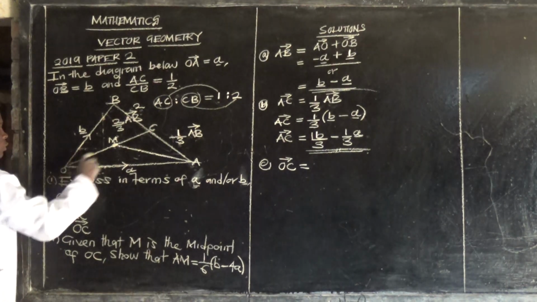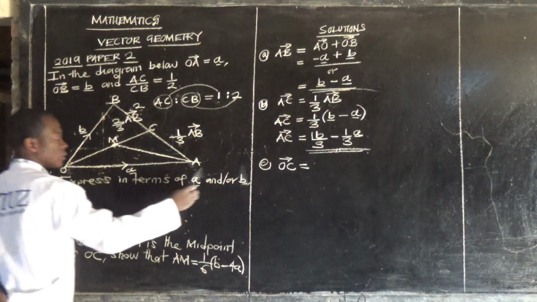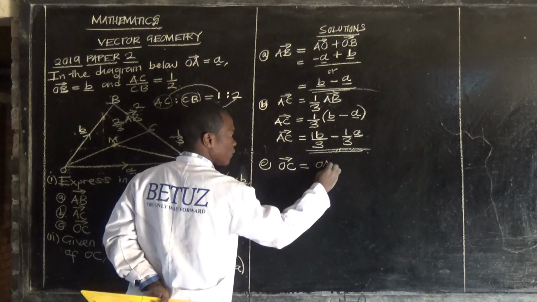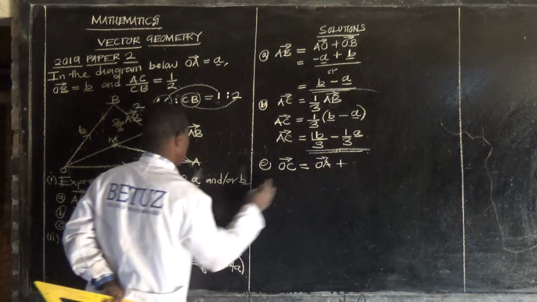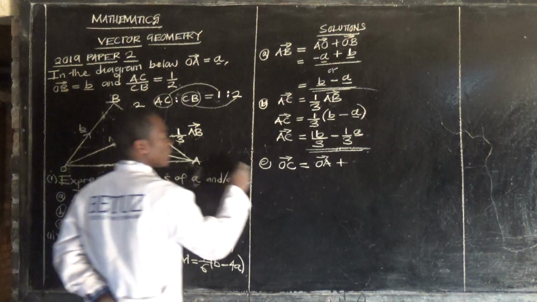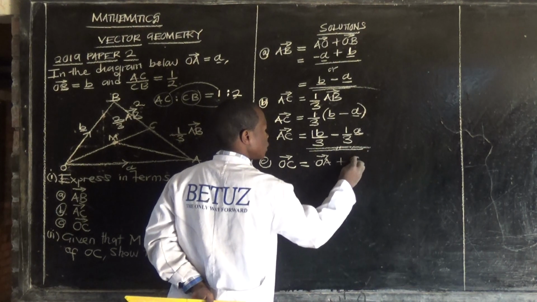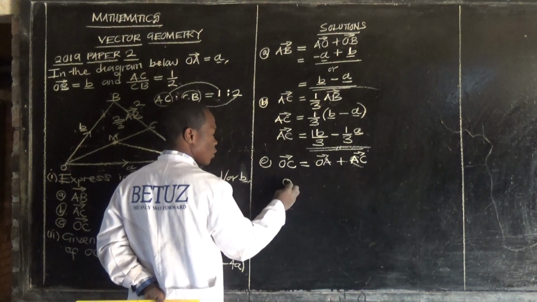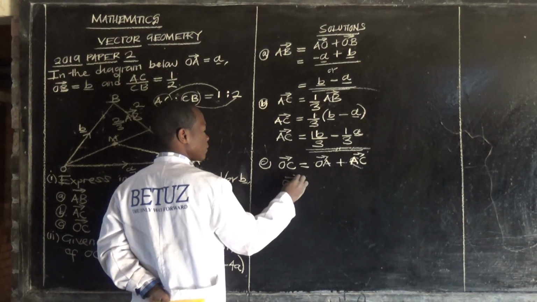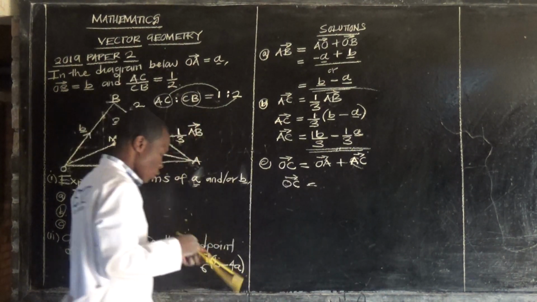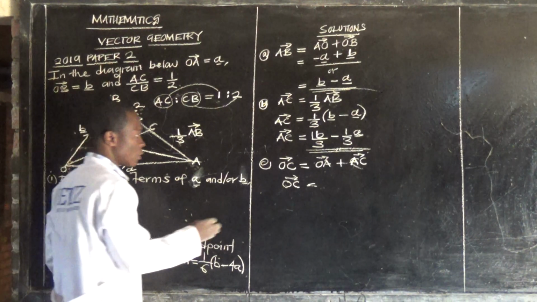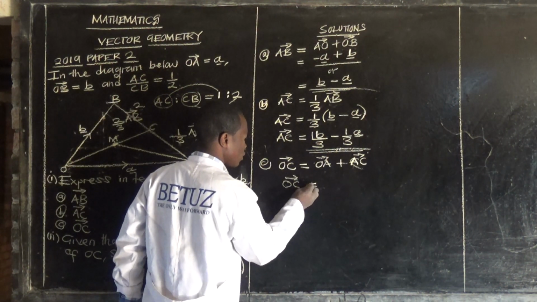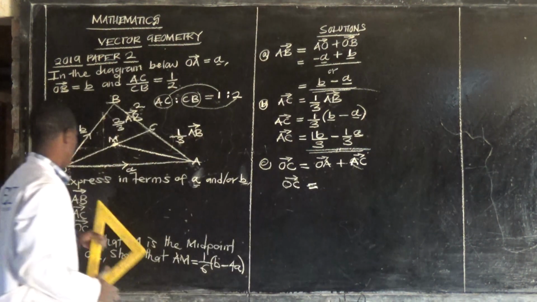Therefore, OC. So what is OC? How can we move from O to C? So you can say vector OA plus AC. So OC is equal to, what is our OA?